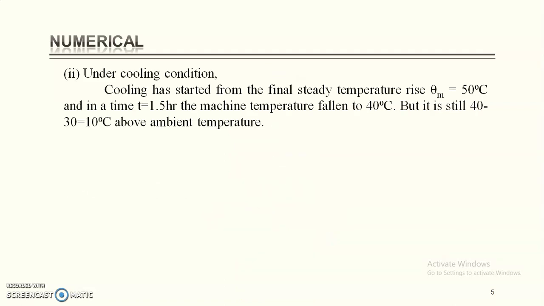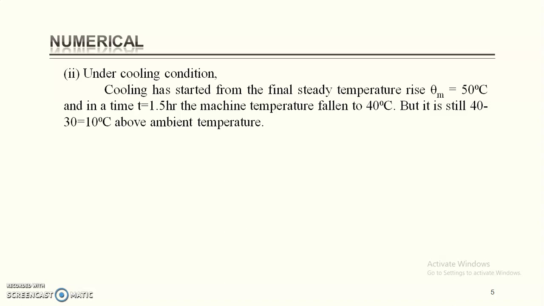Let's talk about the second condition. In the problem statement, it is given that the temperature falls from the final steady temperature rise to 40 degrees Celsius. In the first part, we calculated the final steady temperature rise, which is 50 degrees Celsius. So the temperature is falling from 50 degrees Celsius to 40 degrees Celsius within 1.5 hours.